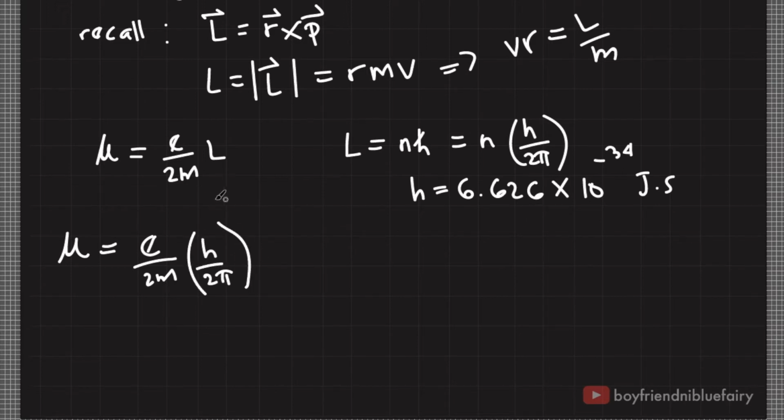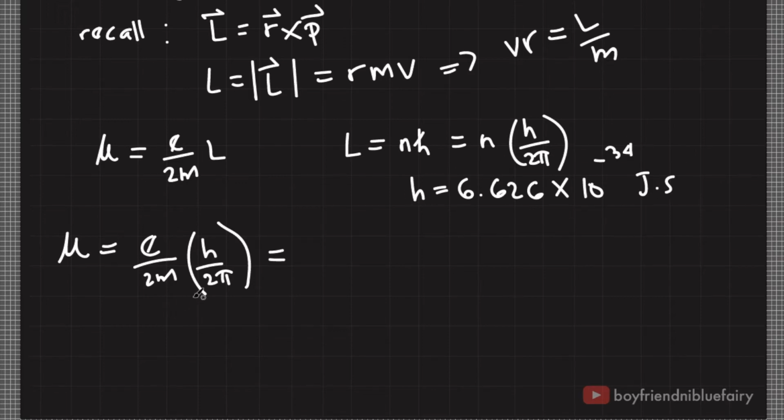Notice that everything here is basically a constant. Recall from chapter 1 that e is the lowest possible charge in our universe. It's 1.6 times 10 to the negative 19 coulomb. And m, the mass of the electron, is 9.11 times 10 to the negative 31 kilogram. h is this. So everything here has a numerical value.